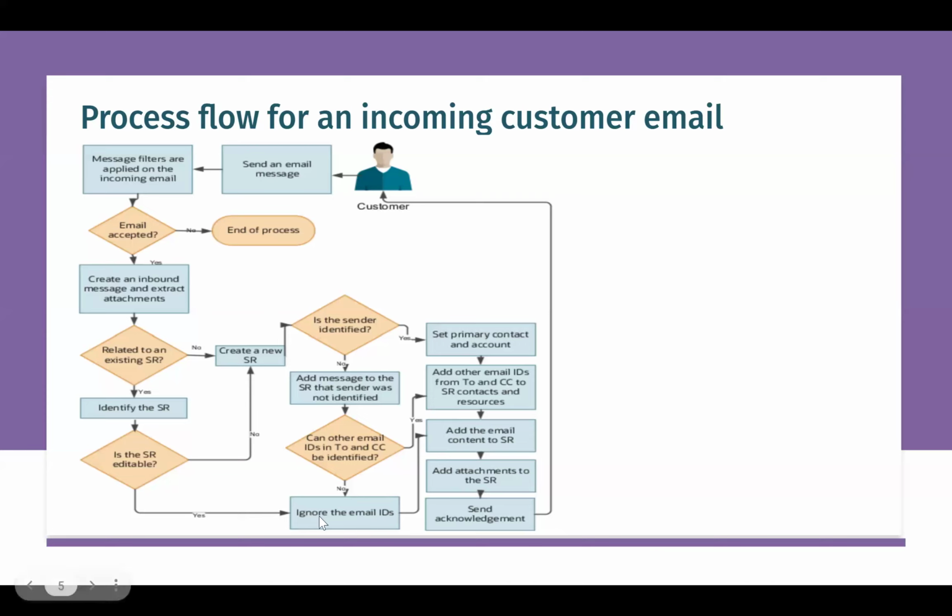It ignores the email IDs and adds it as a message to the related SR. And if there are any attachments, those attachments will also be added to the same message.